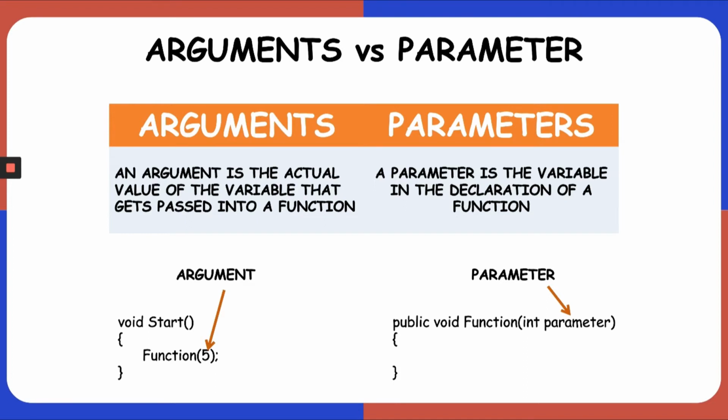An argument is the actual value of the variable that gets passed into a function, while the parameter is the variable in the declaration of the function. So here are two examples. When we're calling the function inside of start, we give some value if there is some parameter. This value that gets passed into it is the argument, and this variable that is defined is called the parameter.